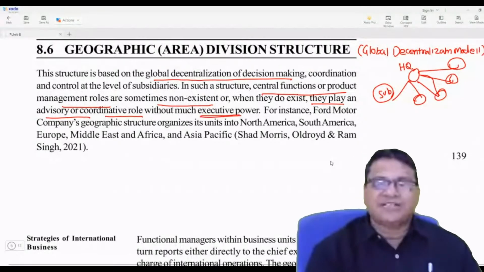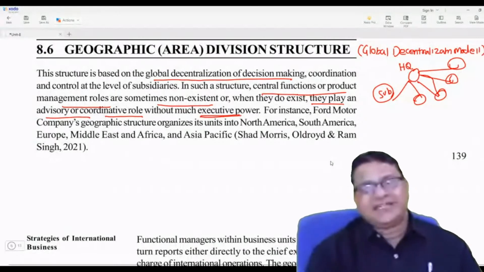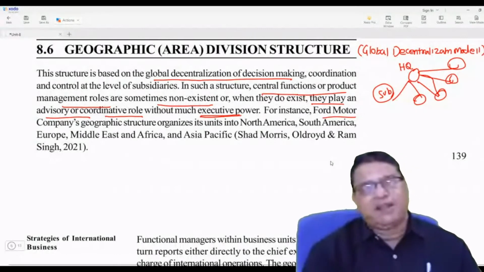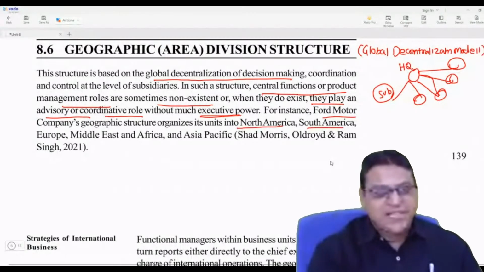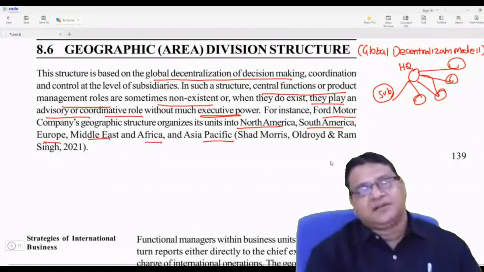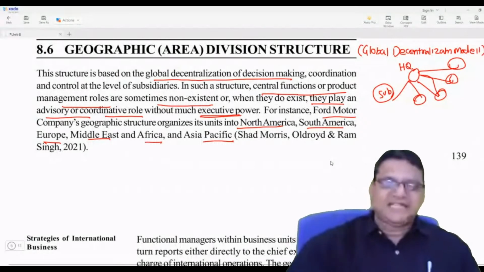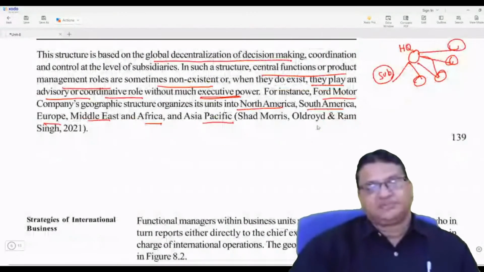The most important executive power lies with the subsidiary. For example, Ford Motor Company has designed its business in this model. It has subsidiaries in North America, South America, Europe, Middle East, Africa, Asia Pacific, and they act independently. And this structure is known as geographic area division structure.